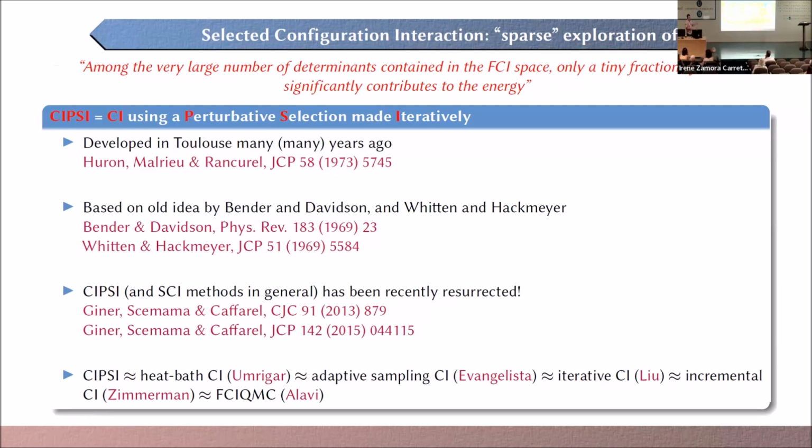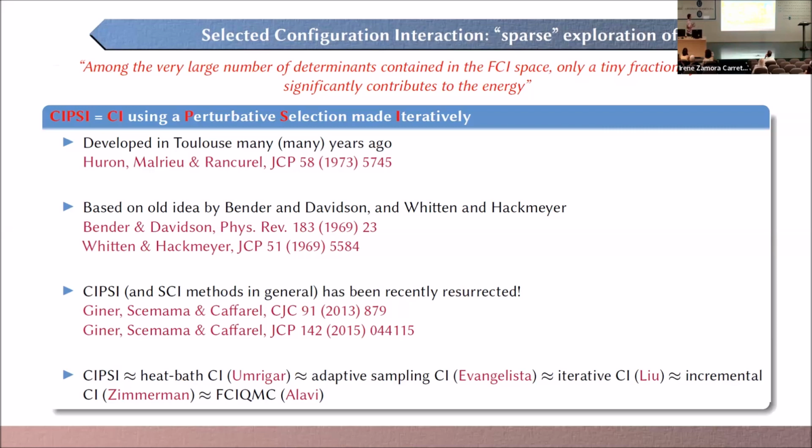And recently, like 10 years ago, it's been resurrected by people from Toulouse as well. Completely out of luck, by Anthony Scemama, who is one of my colleagues, and Michel Caffarel, who are two close colleagues. And maybe you also know Emmanuel Giner, who is in Paris now.